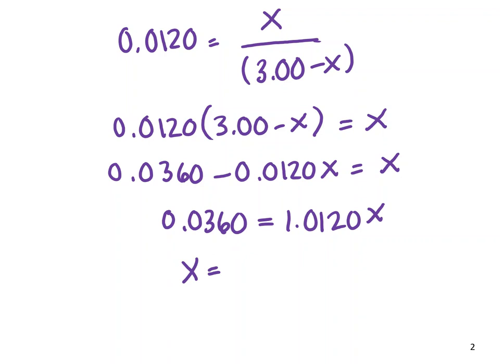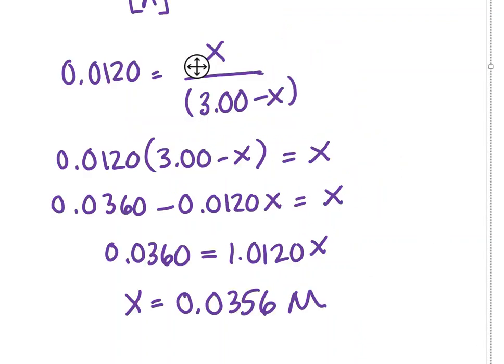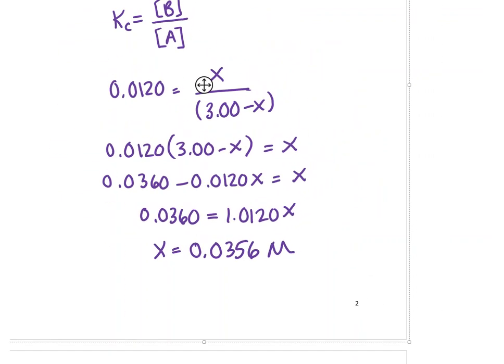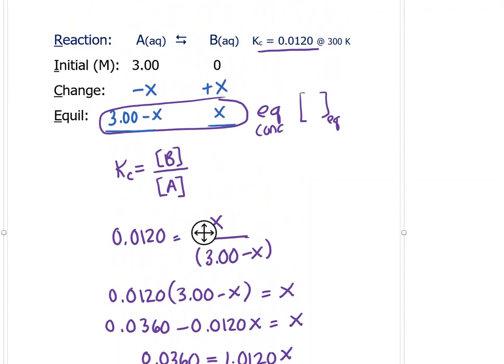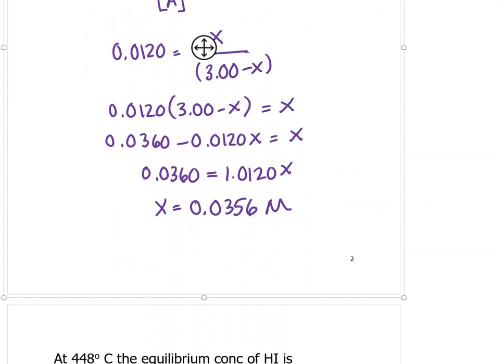When we get into a lot of algebra, we wait to the end and then use what makes sense. So since we found X, if we look back here, X was our equilibrium concentration of B. And so we found that.